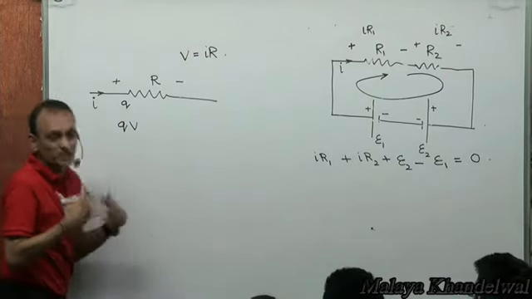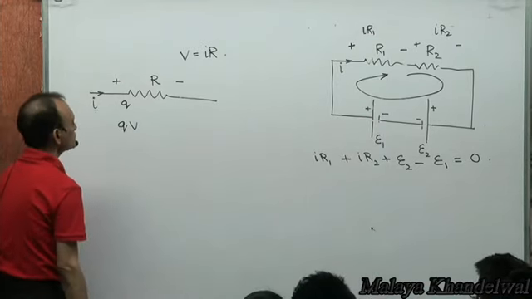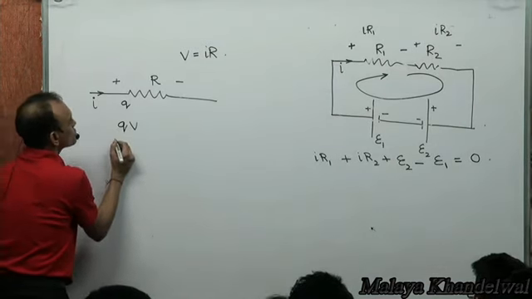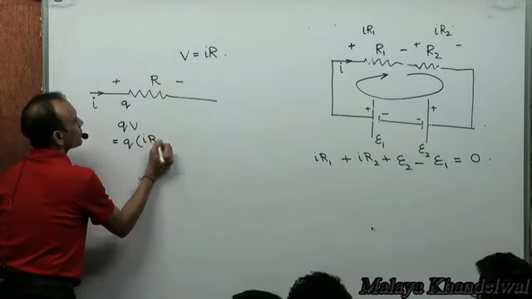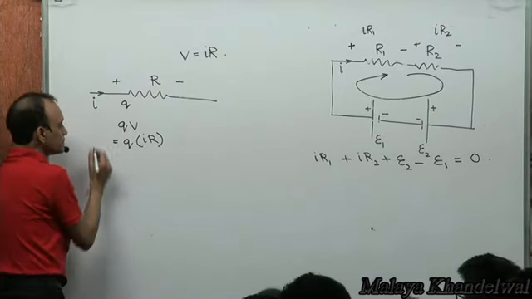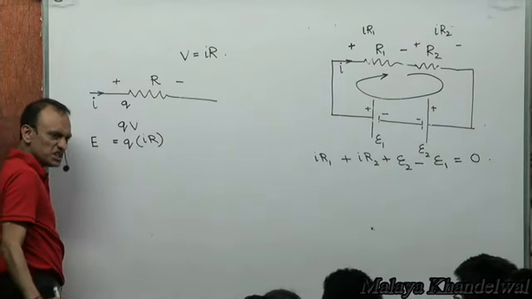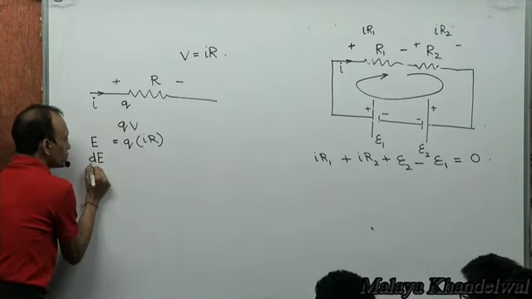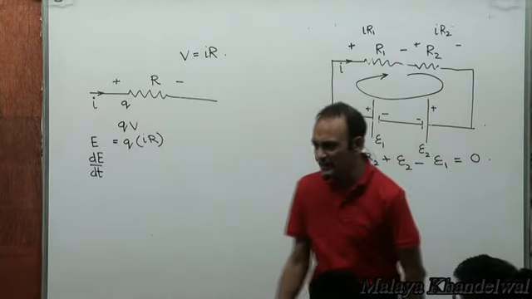It loses potential energy. So this is like Q into V, which is IR. That's the energy lost, E. Now, the rate at which it loses energy is dE/dt.